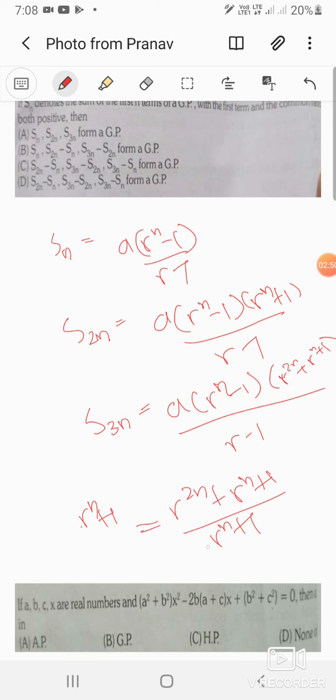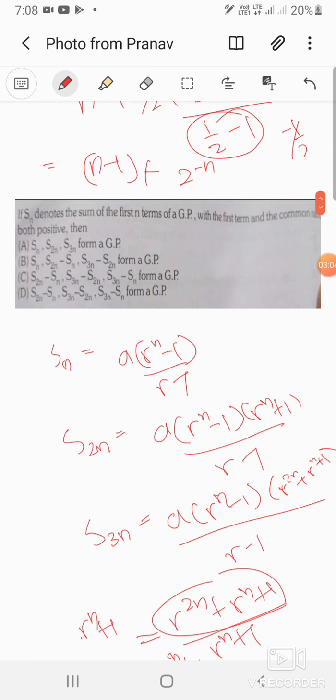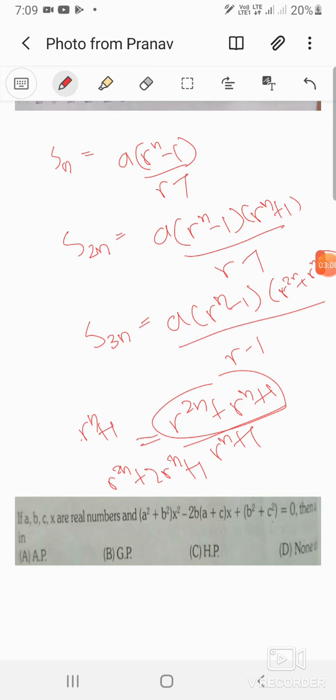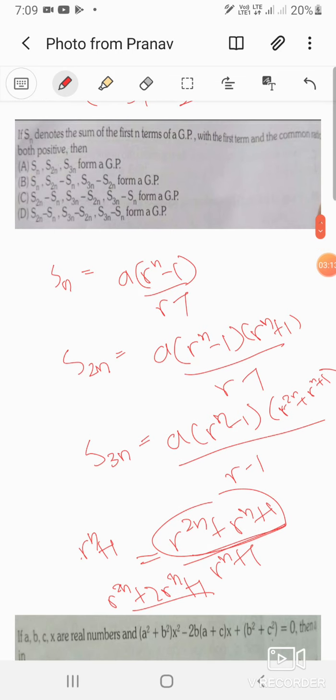I do not think so, because when you multiply it, you get r to the 2n plus 2r to the n plus 1, which is not equal to this thing, right? You have an extra r to the n, and they are just telling us that r is a positive number and n is a natural number, I think. So this thing is not equal to that thing. So it's very clear that these are not in a GP, so that's incorrect.